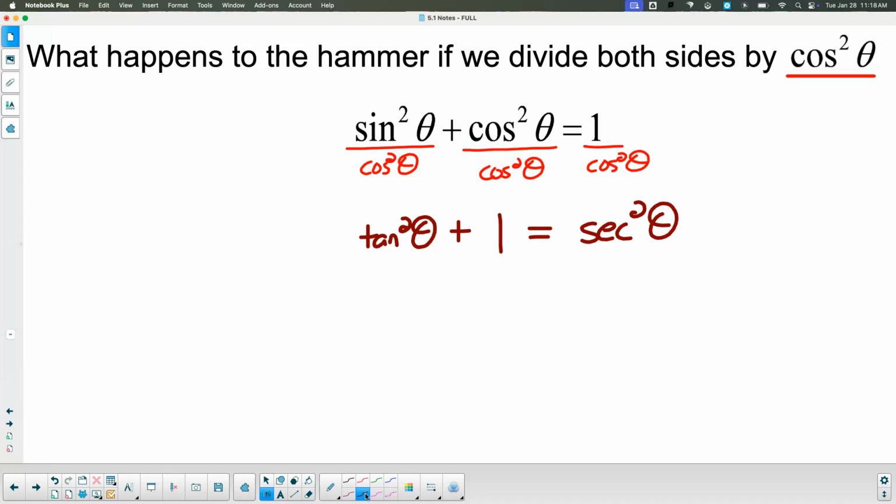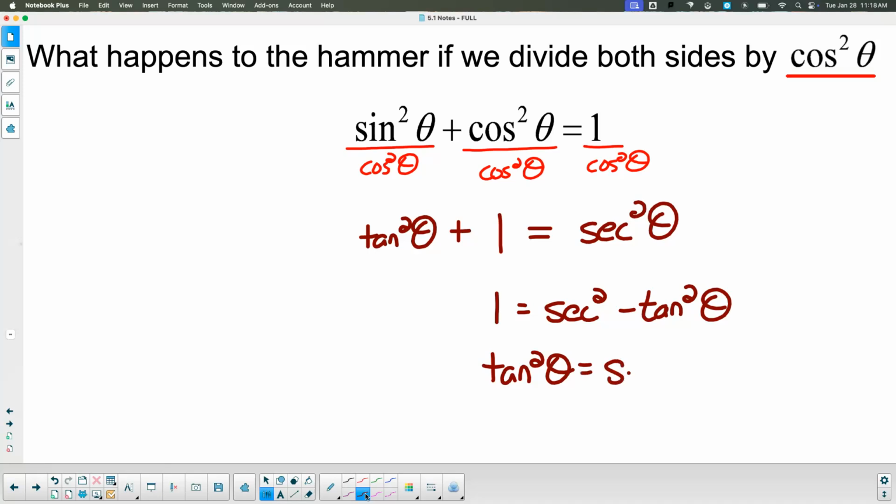That's another identity that we get out of the hammer, which could also be written another way. Agree?